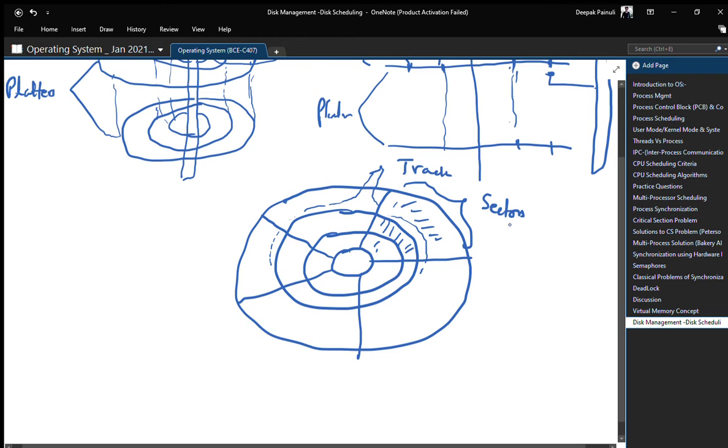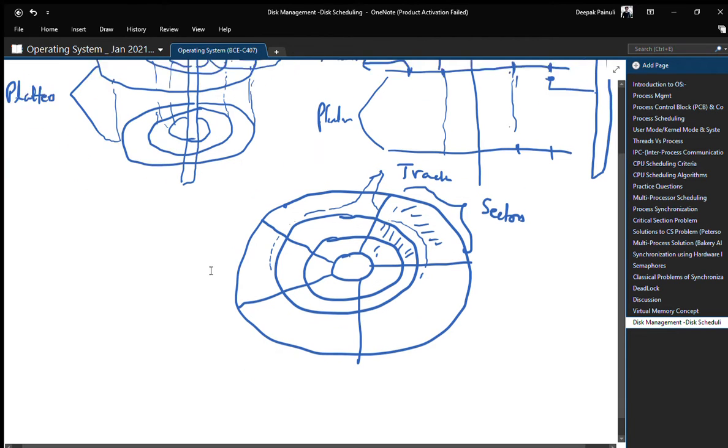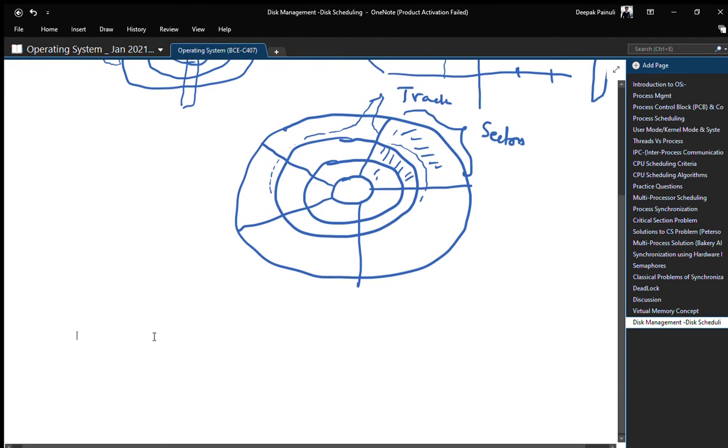In disk management, the OS will schedule all the disk requests coming from the processes in a manner so that the read write latency of accessing those particular records or disk requests is minimum. So what the OS does in disk management is disk scheduling.